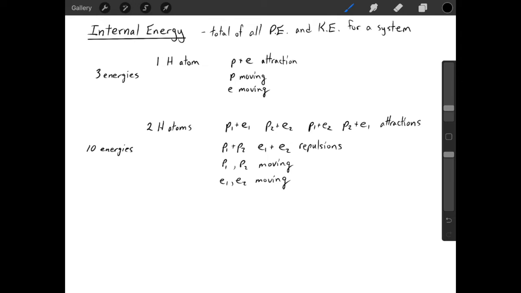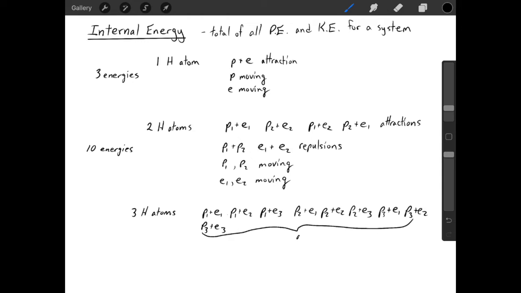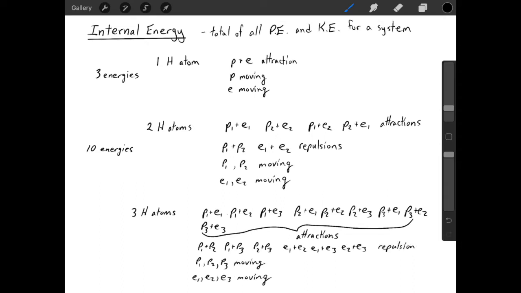Our third example will be 3 hydrogen atoms. And our third example has 21 separate energies to take into account.